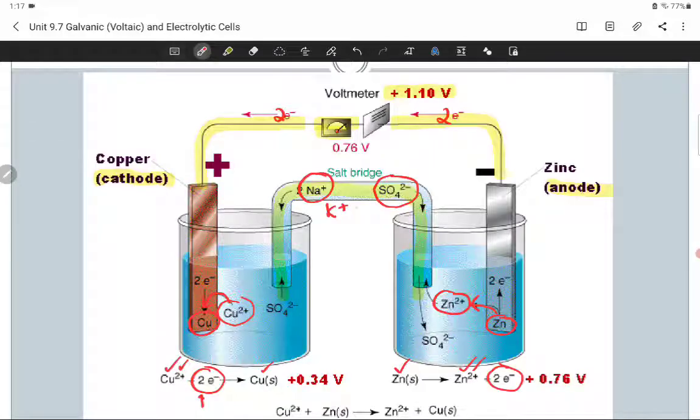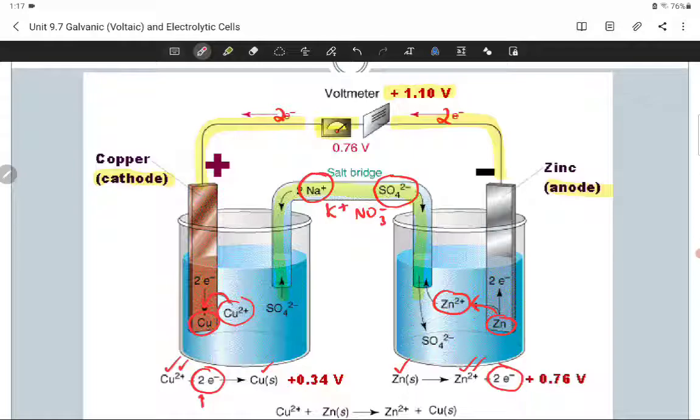So I try to use something that is soluble with everything, like nitrate. There was no reason why you couldn't use sulfate in this one, but I would say, to not have to think about it too much, I would always use an alkali metal ion and nitrate ions every single time, and you would never run into a problem.